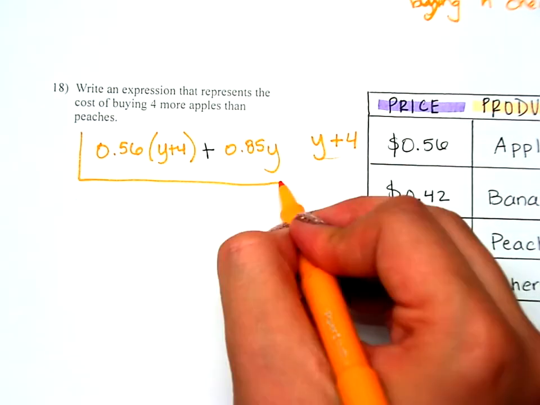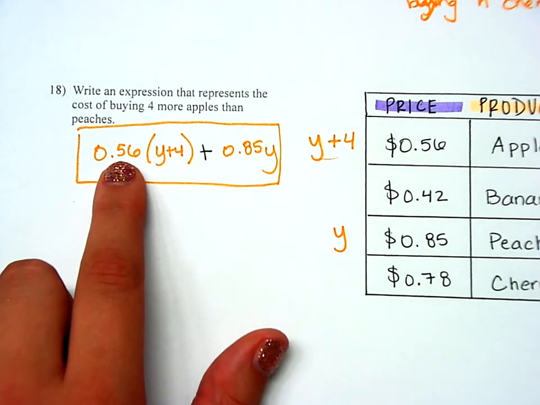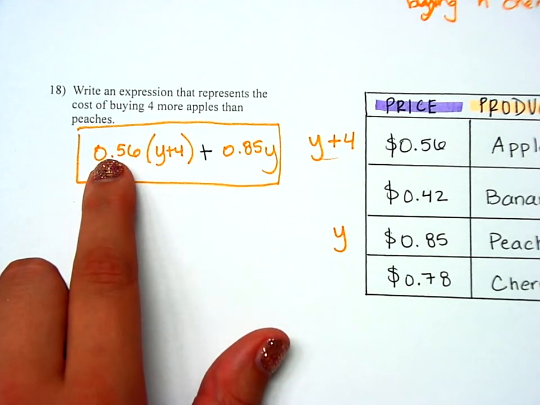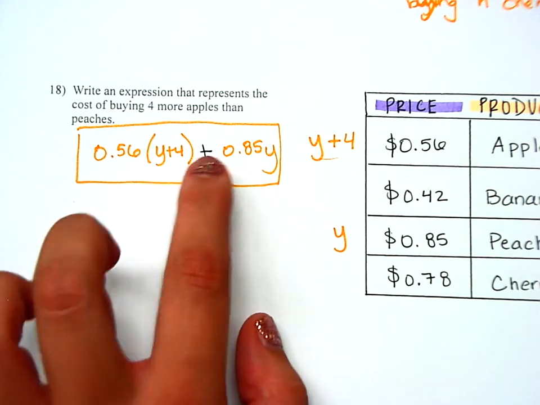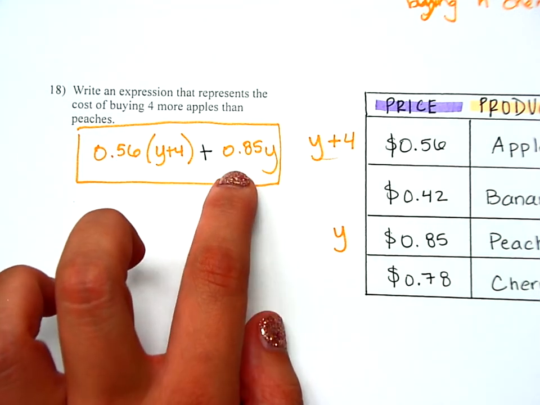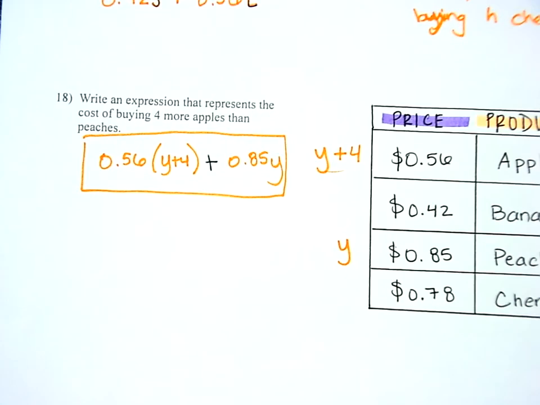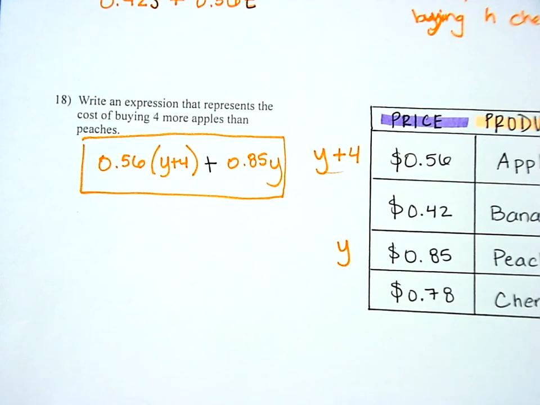So this expression right here represents buying y plus 4 apples. So remember, you take the price and you times it by the amount. And then we added y amount of peaches. So remember, you take the price and multiply by the amount. This is something that looks a little more complicated than it is. You do this all the time when you go shopping, but just when we don't have actual context, it might just look a little more complicated than it is.